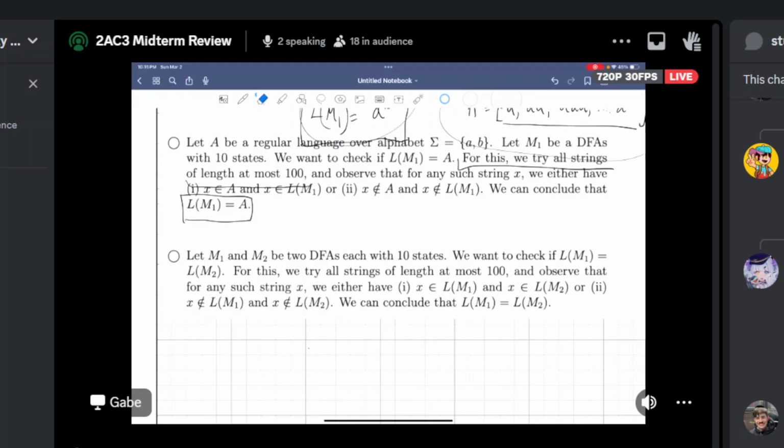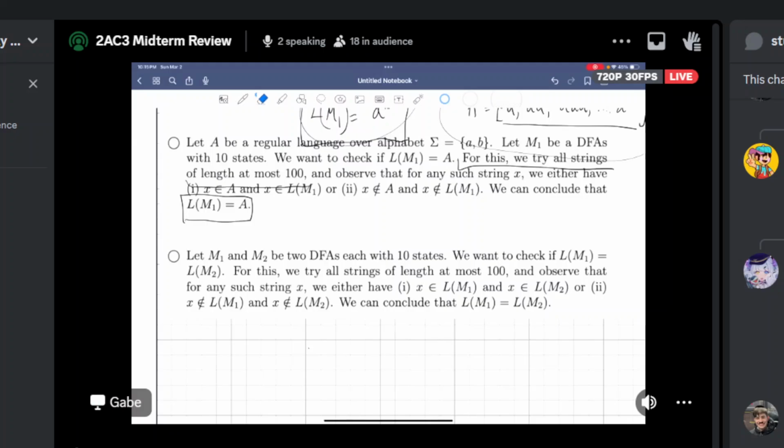But with fewer states, it probably can't do that. So it seems true to me. That was the entire intuition behind guessing true on this last one. I was like, yeah, 100 seems like enough. I don't know. That one's hard if you don't know this rule.